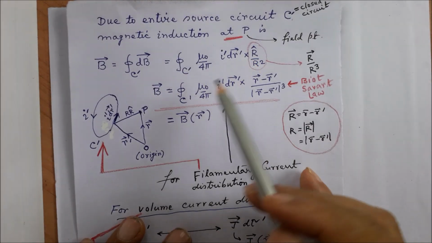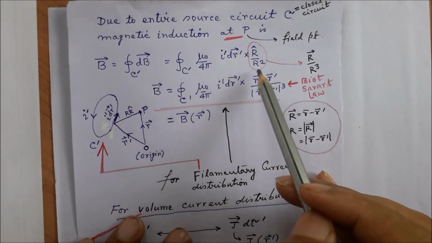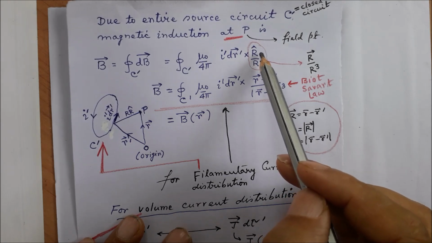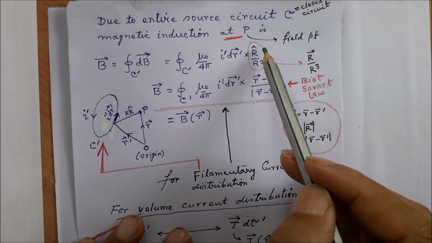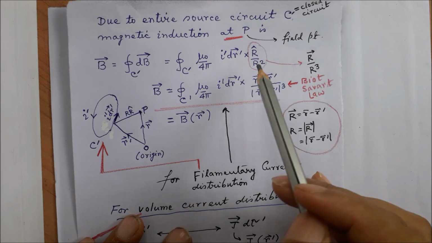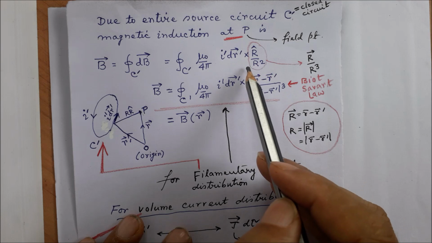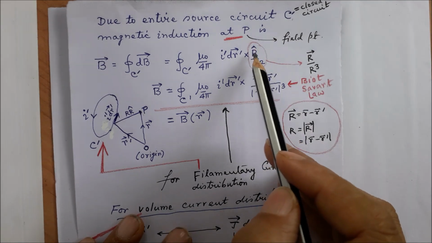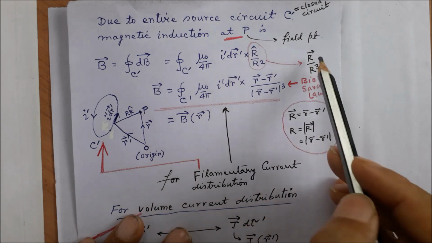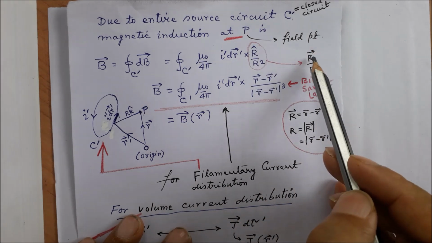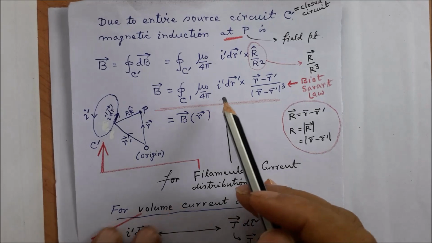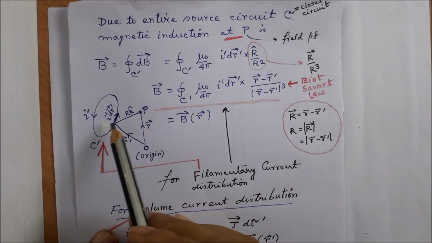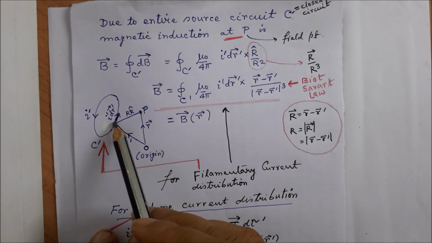Now Biot-Savart's law involves an r cap by r square, so we can just multiply the numerator and the denominator by a scalar r, and if you do so, in the denominator we have r cubed, and in the numerator we have r into r cap, which is the resultant vector r, which is the position vector of the field point with respect to the source point.